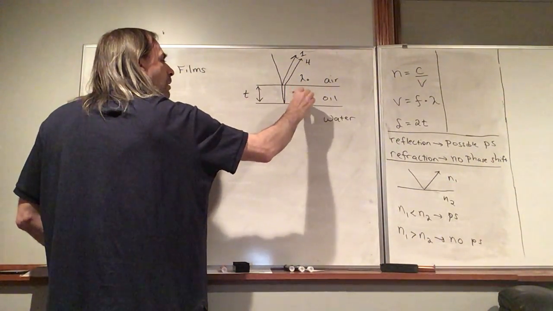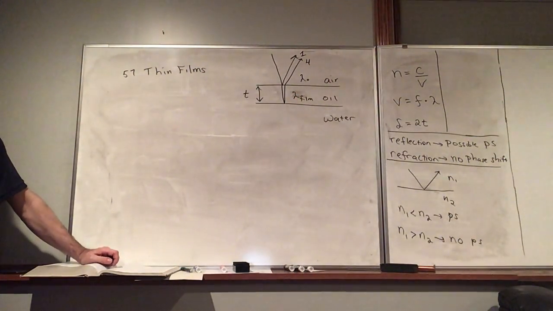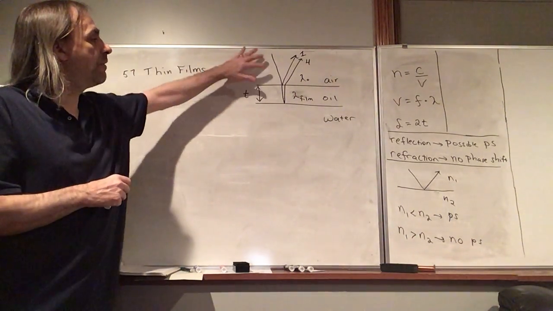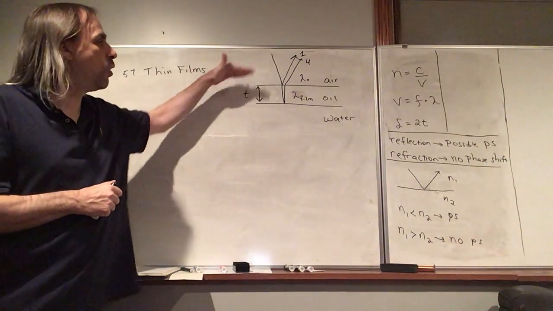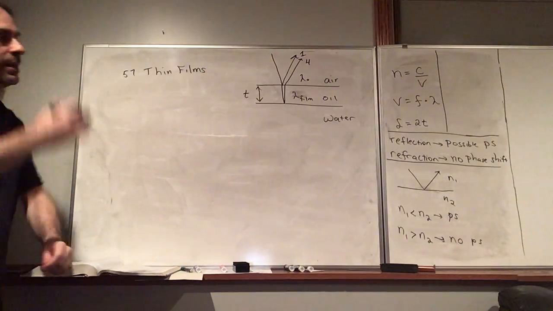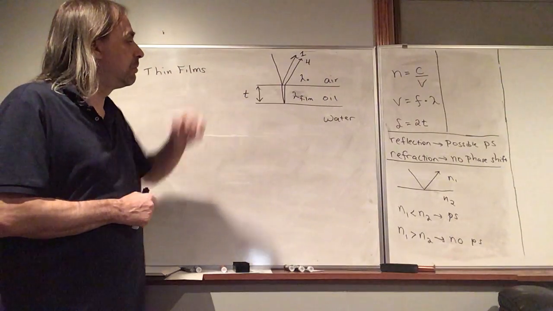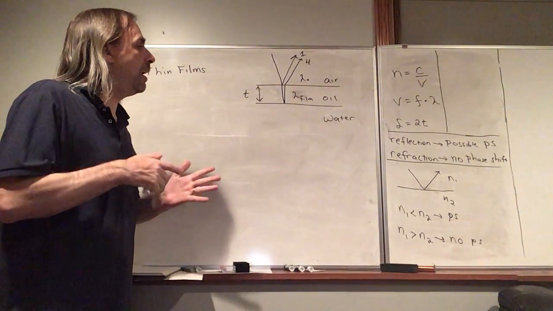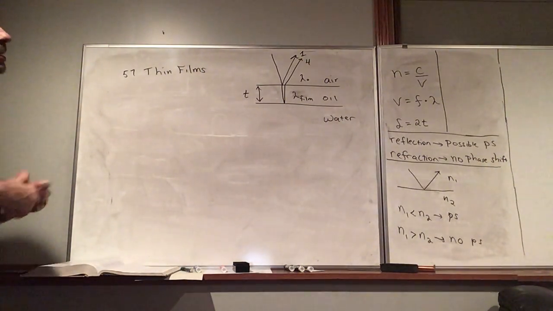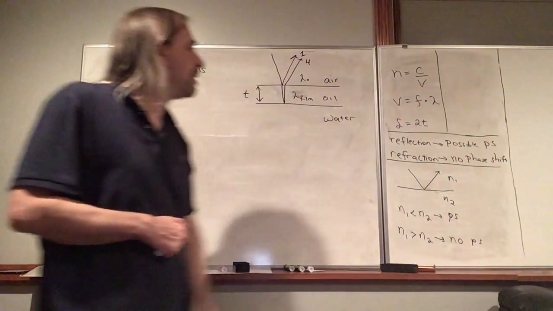Now the wavelength in the film is going to be different than the vacuum wavelength. Remember, the frequency is not affected by going from one medium to another, but the speed is. It depends on the index of refraction. So essentially we're going from a vacuum to a film. The wavelength in the film has to be smaller than the wavelength in vacuum, because the speed of a wave is the frequency times the wavelength.